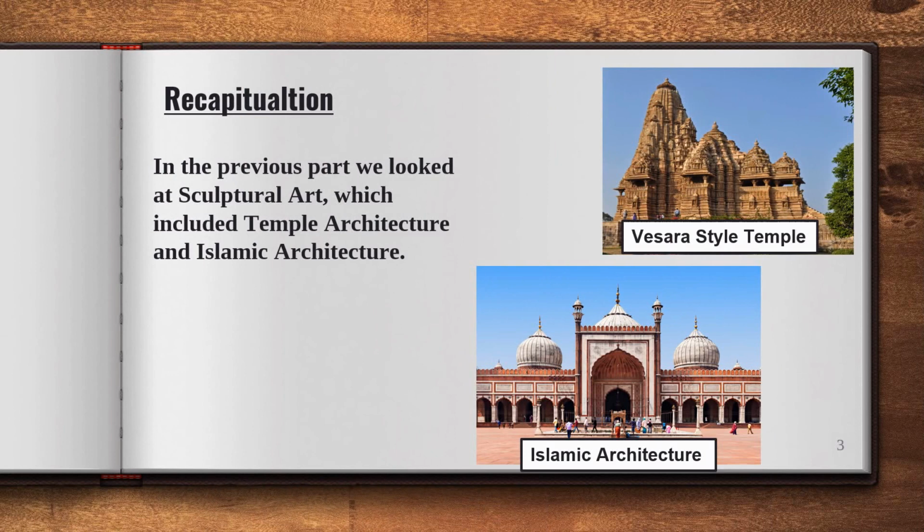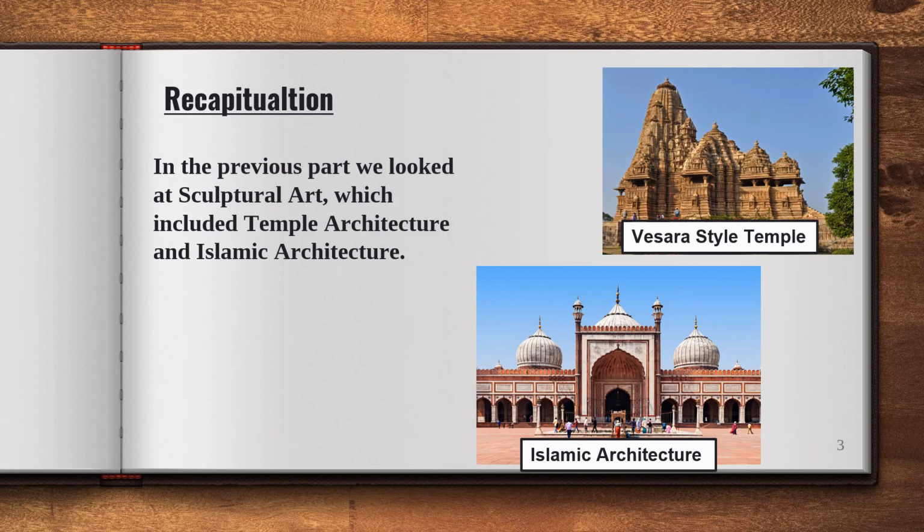In the previous part, we looked at sculptural art, that is folk style of sculptural art and classical style of sculptural art. We also looked at the meaning of Indian iconography, architecture and sculpture, in which we discussed rock-cut caves in India.